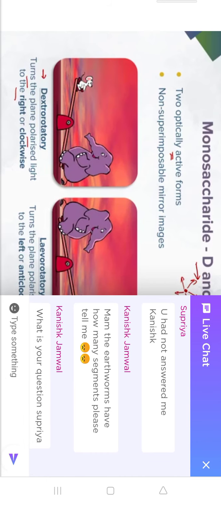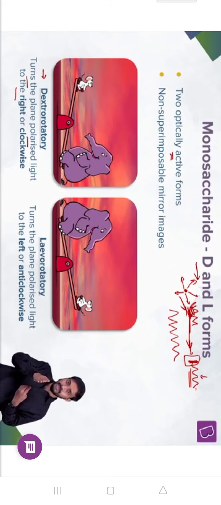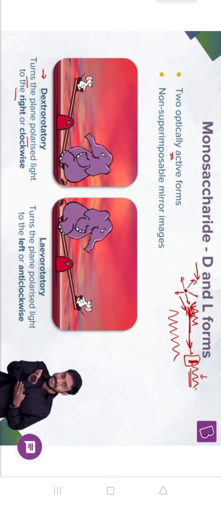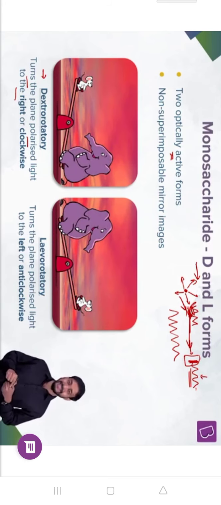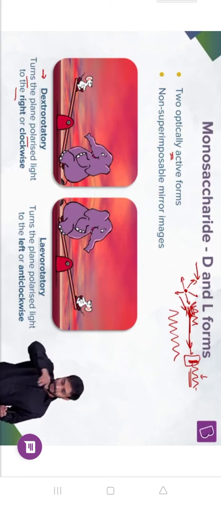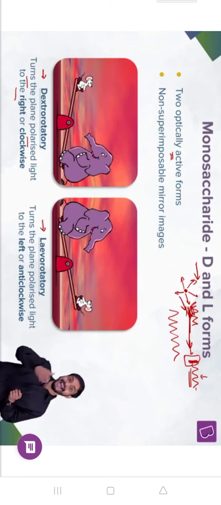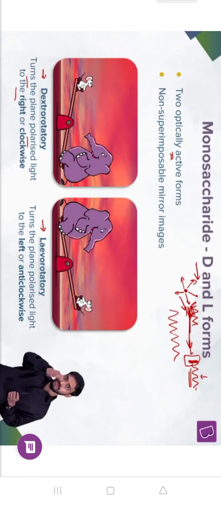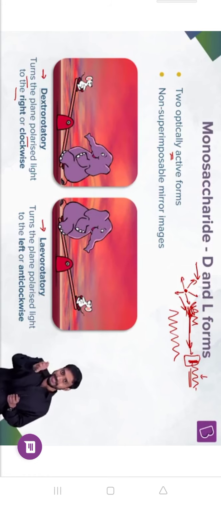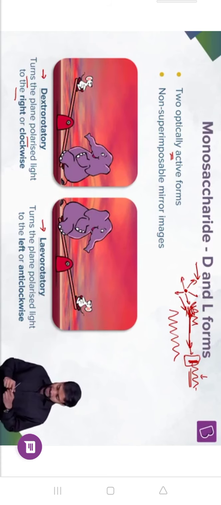If it turns like this, if this light which has come, I'm the polarizer, right? It has come out. Now, if it turns right, that means these are dextrorotatory molecules. This is dextrorotation, right? If it turns towards the left, then it is levorotation. Got it? That is anti-clockwise. Clock moves in this direction, correct? That is clockwise is dextro and anti-clockwise, that is towards the left, is the levo.